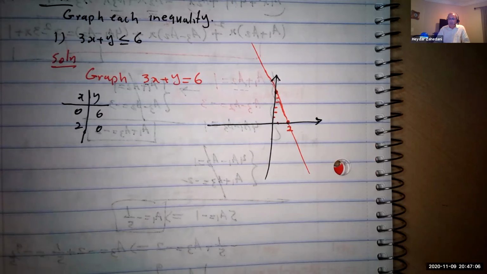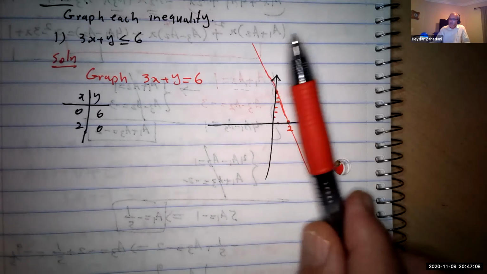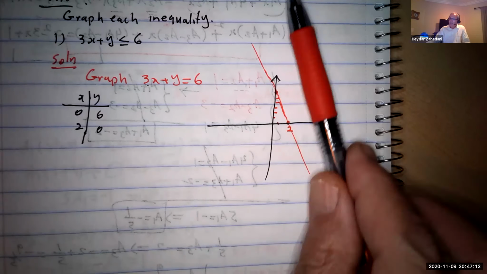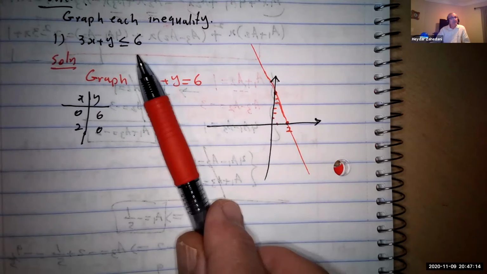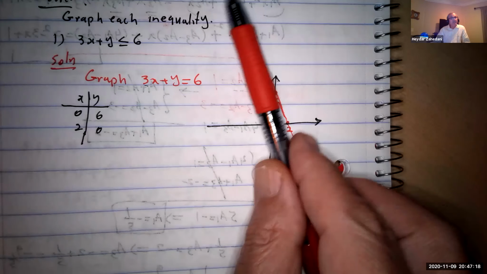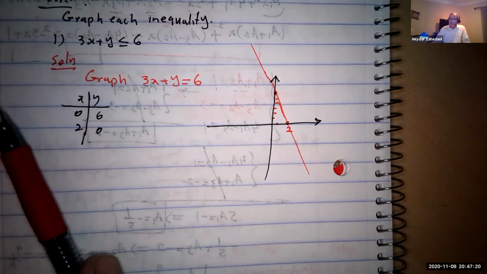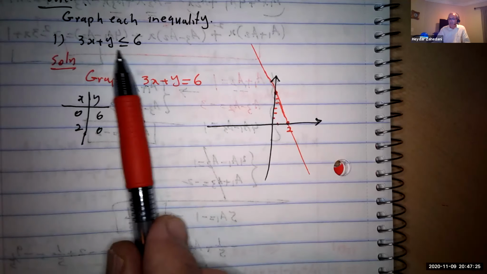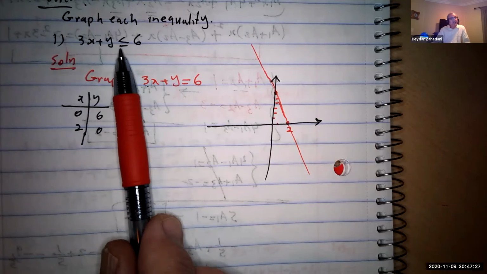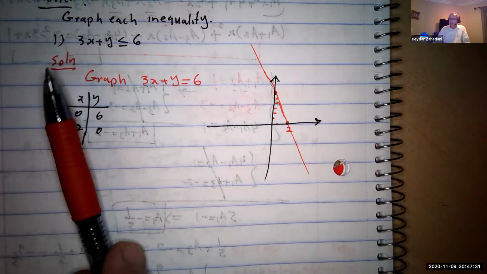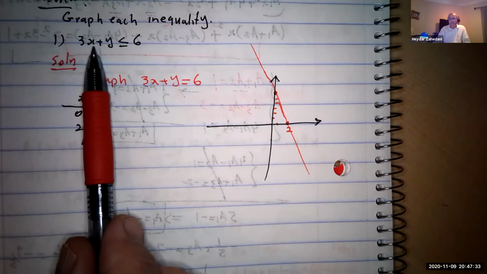When it's less than or equal to, you see this line would divide the plane into two parts, upper part and lower part. Upper part greater than, lower part less than. Then you identify which part we are interested in. Okay, it's not the case that as soon as you get less than or equal to, it's always lower. It depends on the sign of the y.